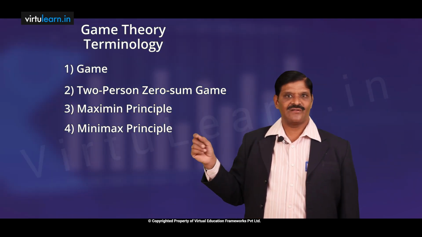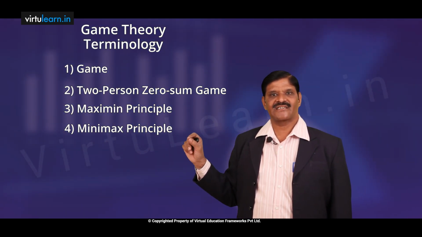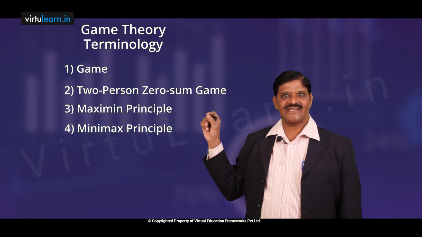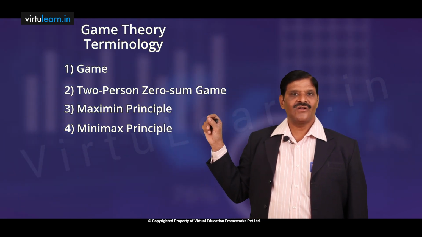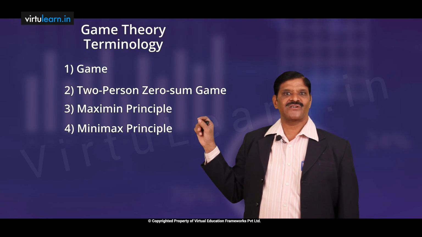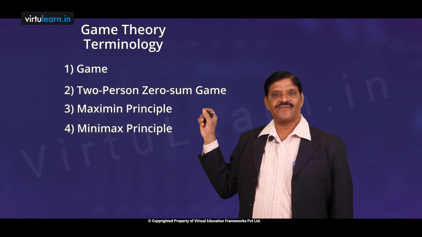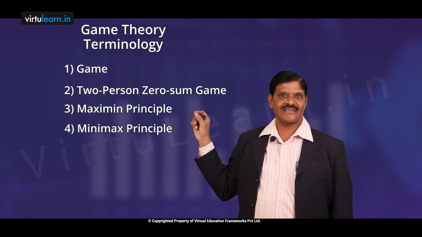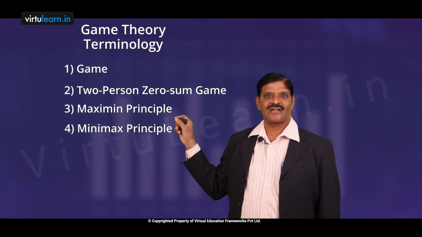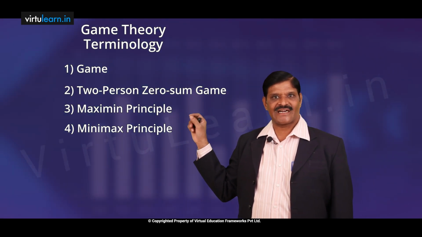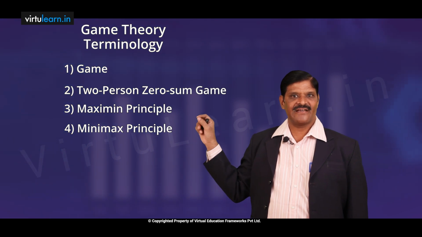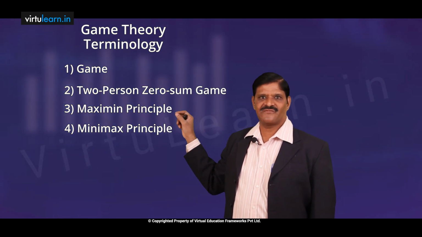That means actually what we are trying to do in writing down row minimum, A is trying to find out in strategy A1 what is the lowest gain he can have irrespective of the strategy followed by player B, because player A does not know which strategy is going to be adopted by player B, because the strategy adopted by B is not in control of A. B may adopt B1, B2, B3, B4, B5.